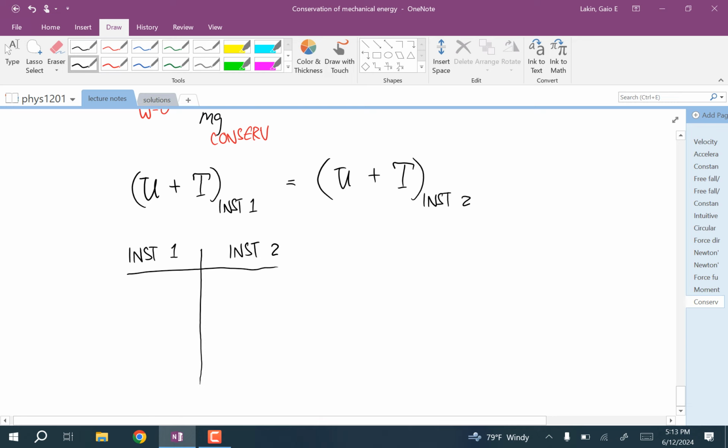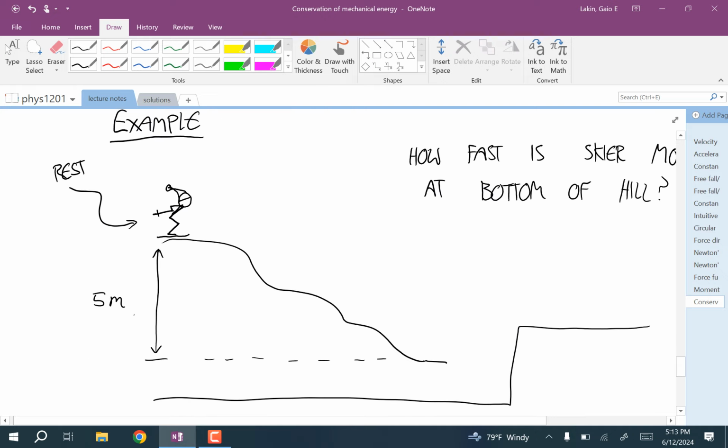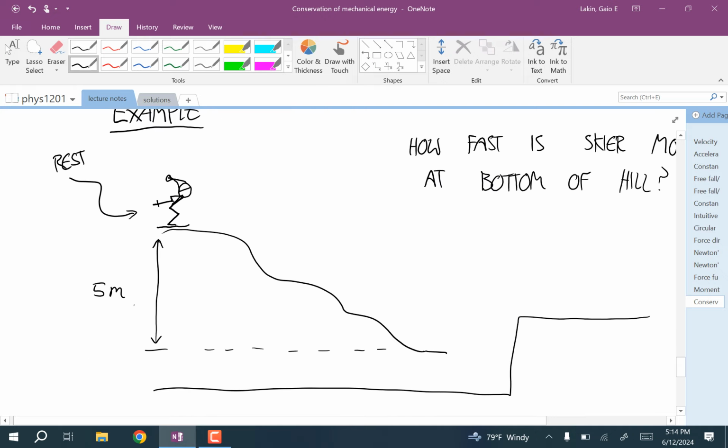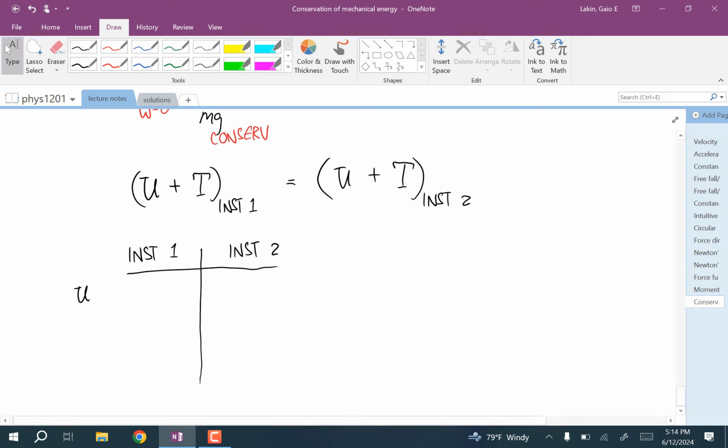And let's start by calculating the potential energy. There are no springs in this problem. There's no spring touching this skier. And so the only potential energy is going to be due to gravity. And that's equal to the mass of the skier times 9.8 meters per second squared times the y position.